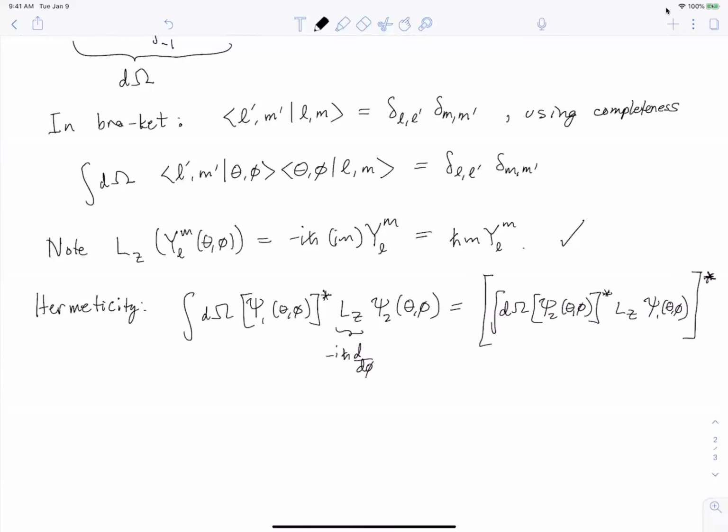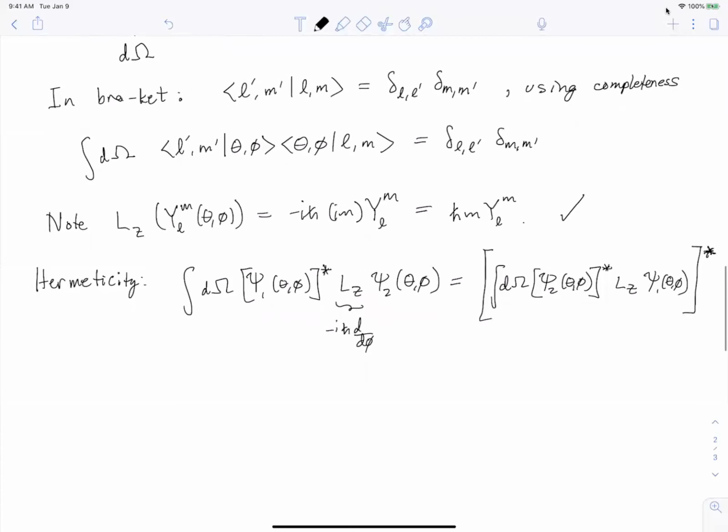Okay, which you can check to be true given the definitions that we've already made. So notice when you take the complex conjugate, really, because it only involves a factor of e to the i m phi, you're just changing e to the i m phi into e to the minus i m phi for each one of these expressions.